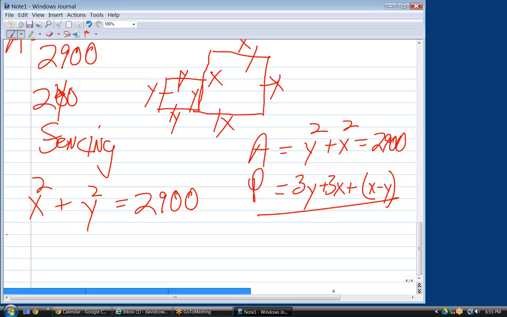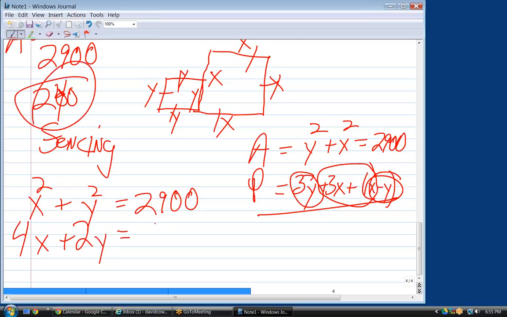Isn't that just the same? No. That's 4x. That's 2y. And what's that equal to? 240. So there's our 2 equations and 2 unknowns.